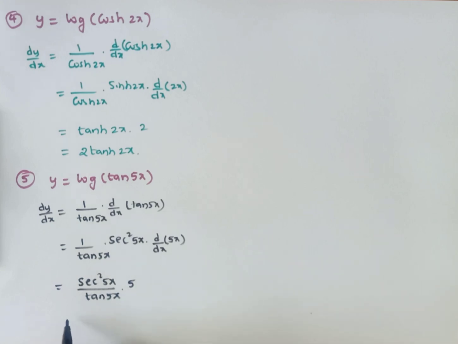So this is the derivative, or you can simplify also. Secant square can be written as 1 by cos square and tan can be written as sin by cos.